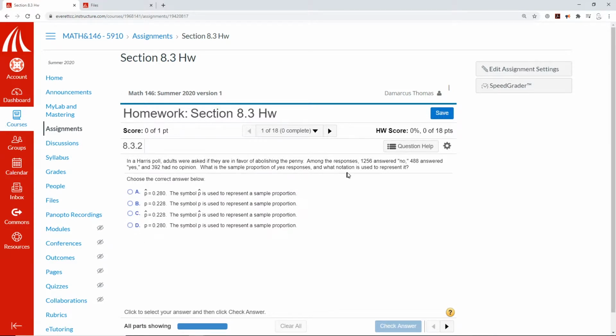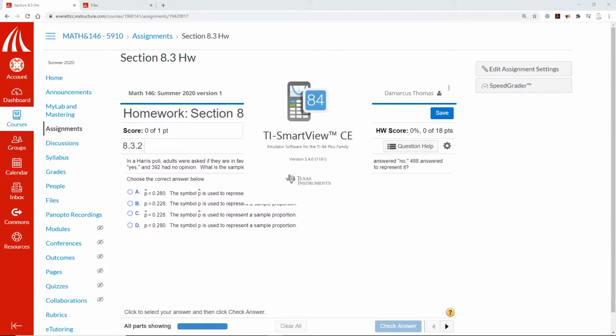And now we actually have to do this. We have to figure out how many said yes out of the total amount. We're going to need our calculator for this.